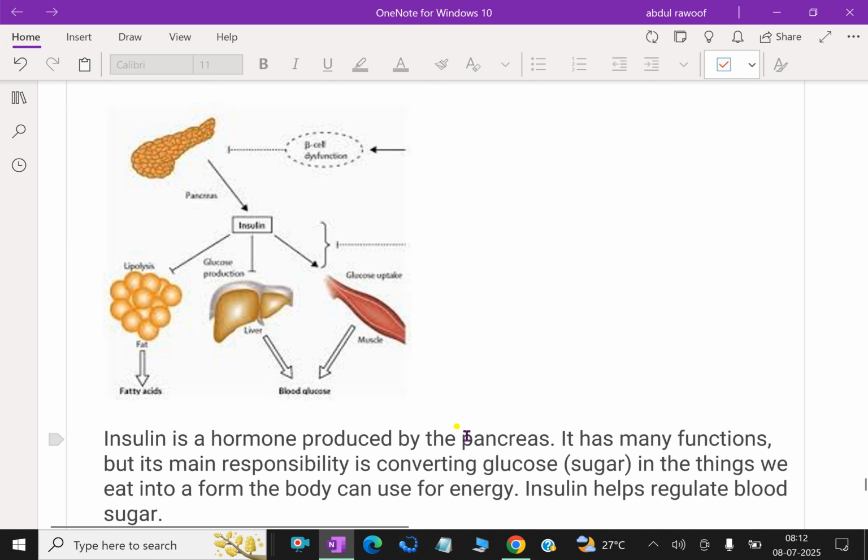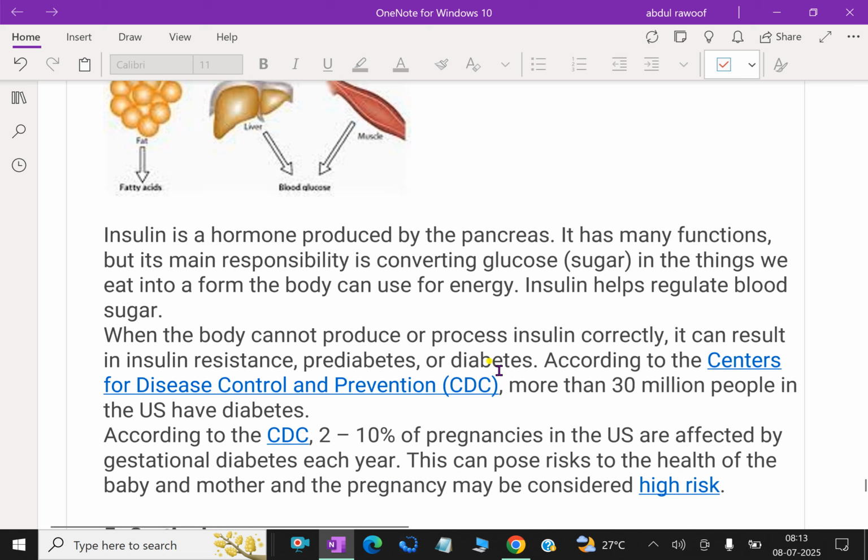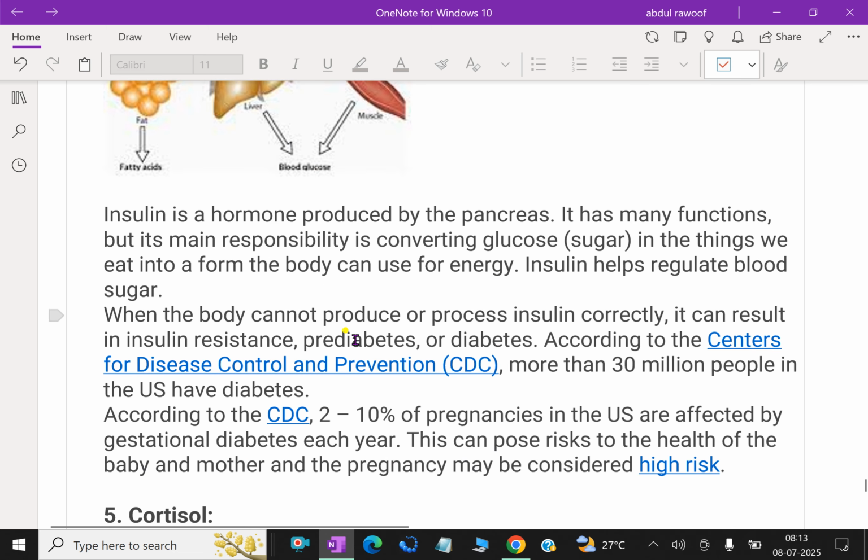It has many functions, but its main responsibility is converting glucose, the sugar in the things we eat, into a form the body can use as energy. Insulin helps regulate blood sugar. When the body cannot produce or process insulin correctly, it can result in insulin resistance, prediabetes, or diabetes.